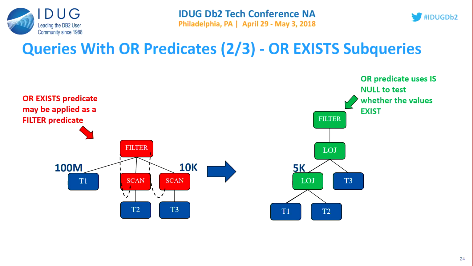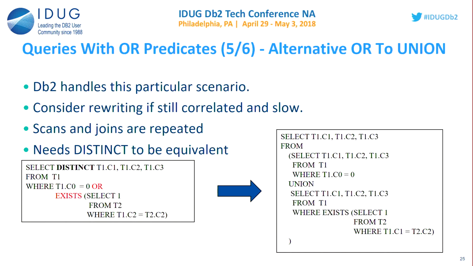So this diagram is pretty self-explanatory. Doing the predicate as a correlated predicate is very expensive. So you can do it as two left outer joins and then apply the filter is null or is not null. And you can also write an OR to a union.